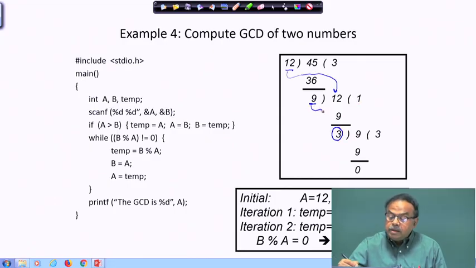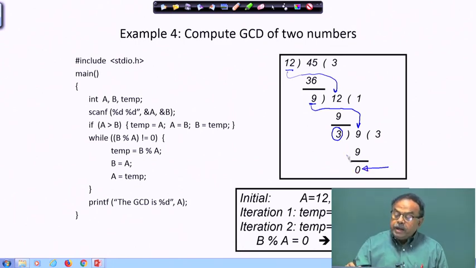Then I take the current divisor and divide it by this until we get 0. That is what we used to do in school, right. So, ultimately when I get 0, whatever is the current divisor, that is our HCF or GCD.